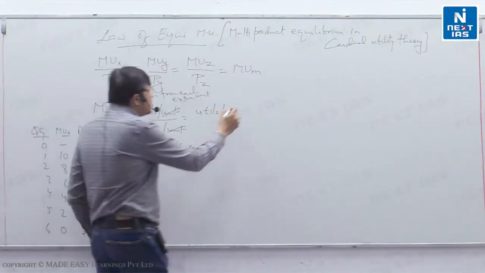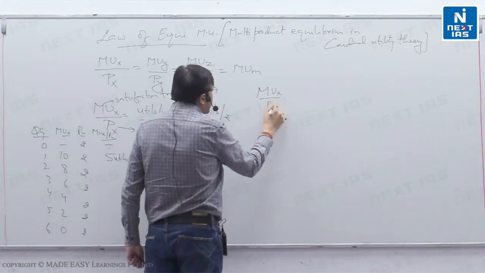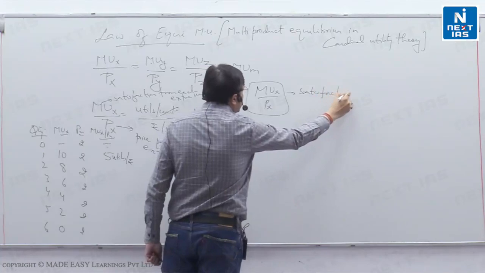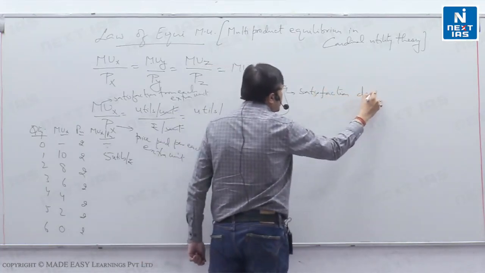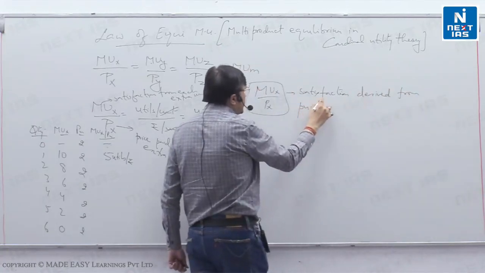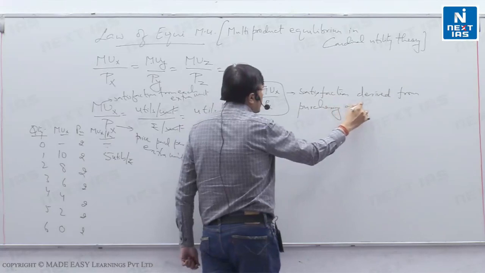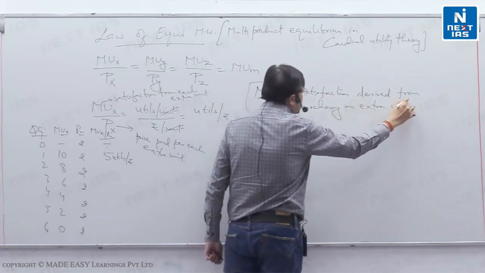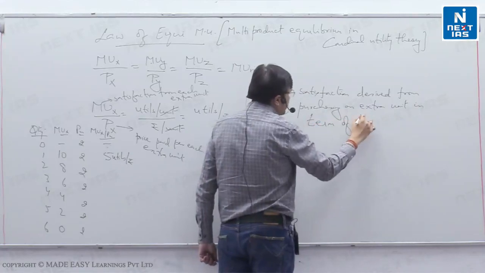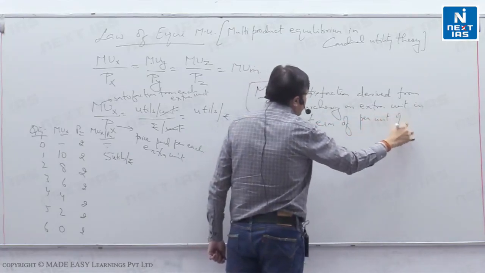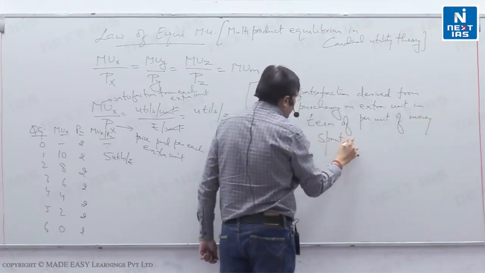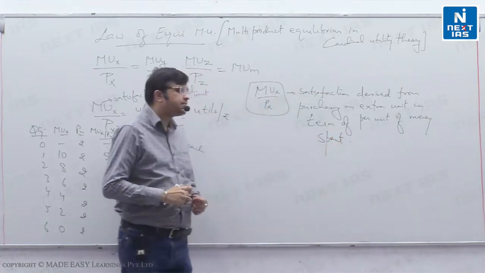So when I write MUX upon PX, it is nothing but satisfaction derived from purchasing an extra unit in terms of per unit of money spent.